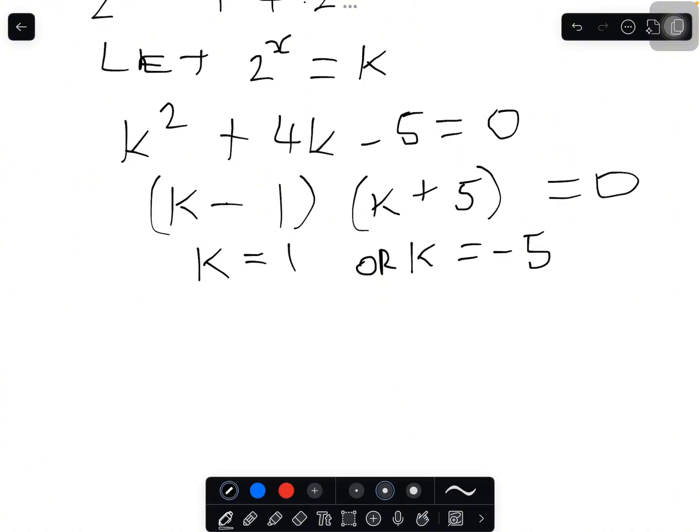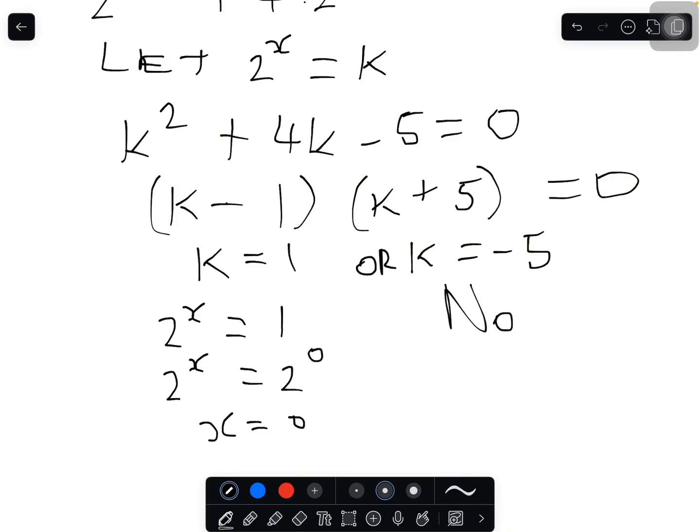Now for k equals 1, we're going to say 2 to the power x equals 1. We know that 1 is the same as 2 to the power 0, so we know that x equals 0. For k equals negative 5, we're going to have no solution.